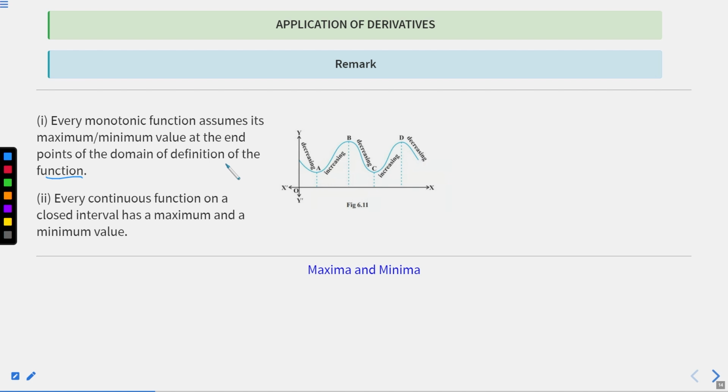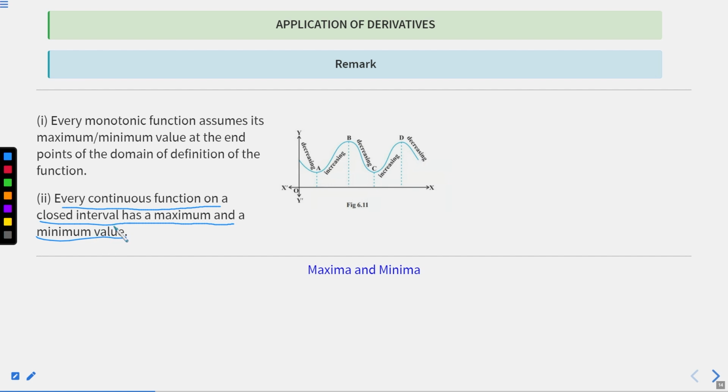The second point says that every continuous function on a closed interval has a maximum as well as a minimum.